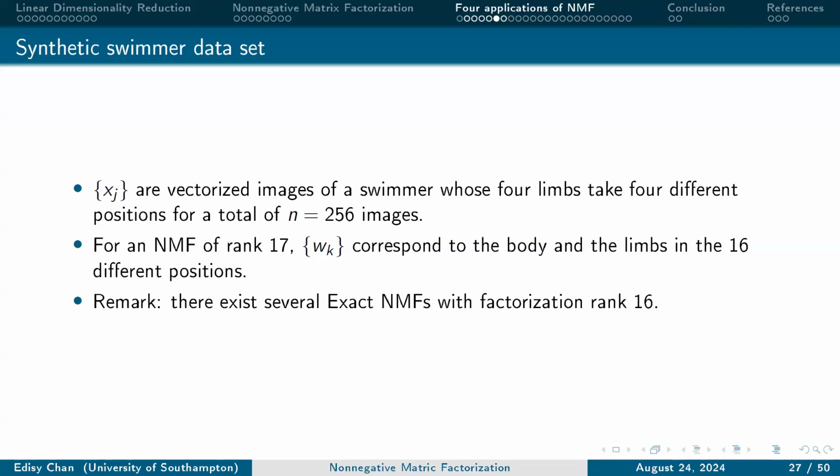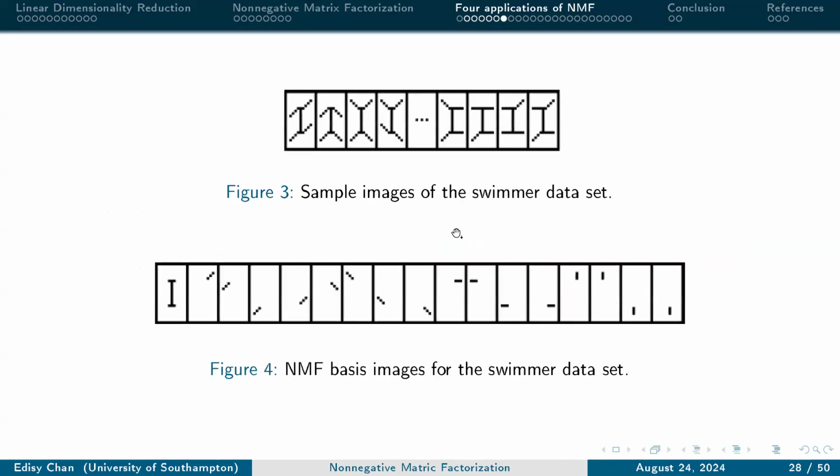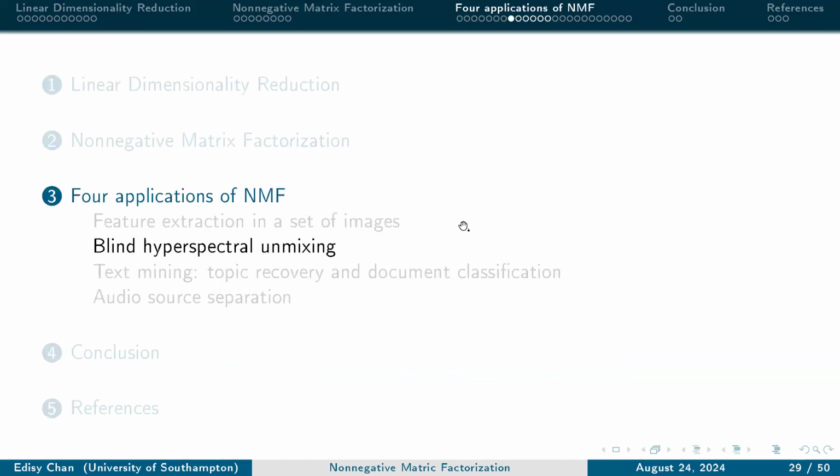That would be another problem, more like a math problem: when do we have an exact NMF and when do we not? But most of the time we just make use of approximations, and that is enough.